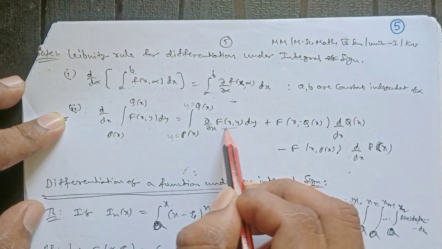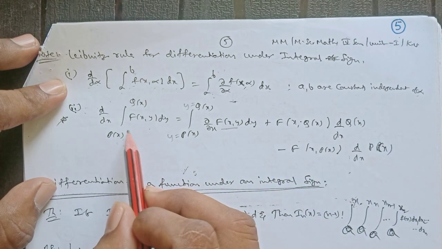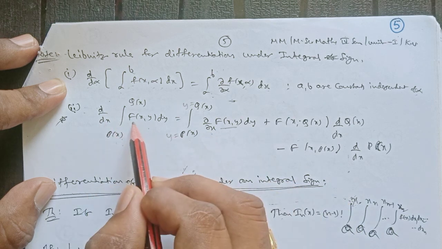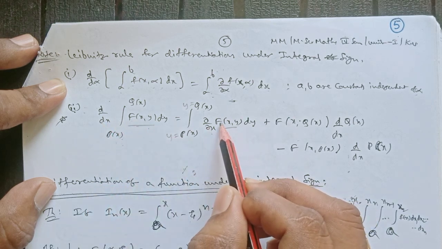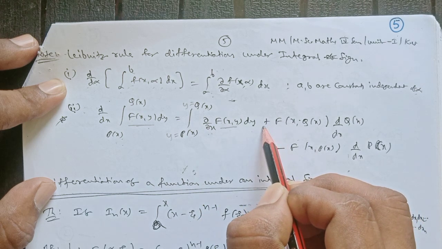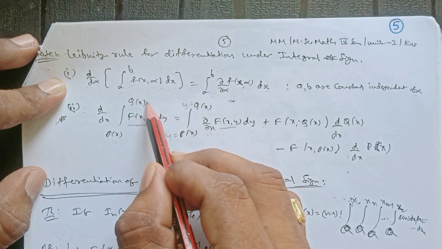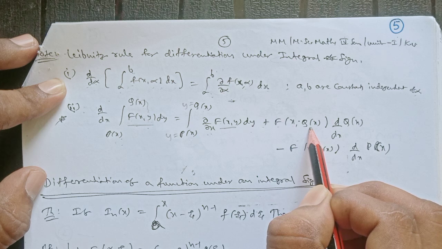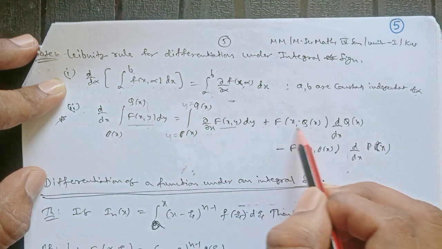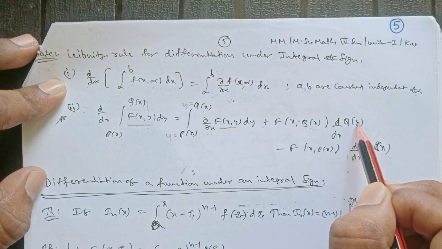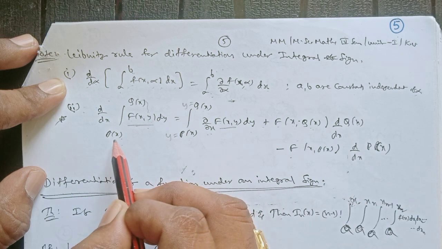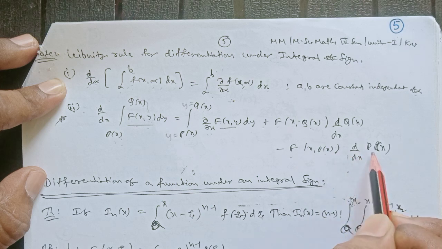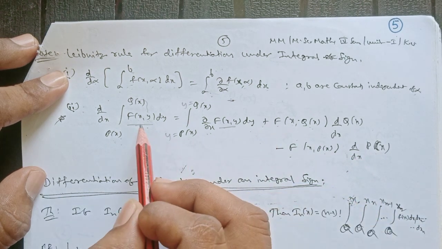So the function is f of x, y. The Leibniz rule is d by dx of this is equal to the integral from p of x to q of x of dou by dou x of f of x, y, that is, we partially differentiate f with respect to x, dy, plus, instead of y I am writing q of x: f of x, q of x into the derivative of the upper limit, minus the same for the lower limit, replacing y by p of x: f of x, p of x into the derivative of the lower limit. This is called the Leibniz formula for two variables.